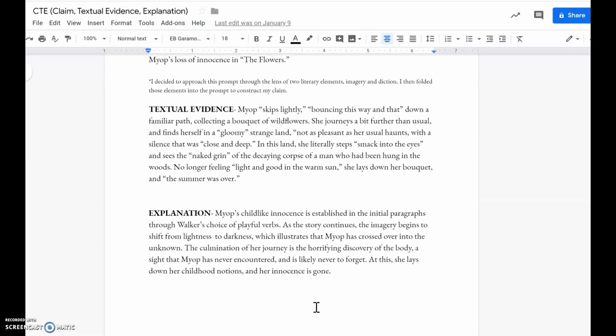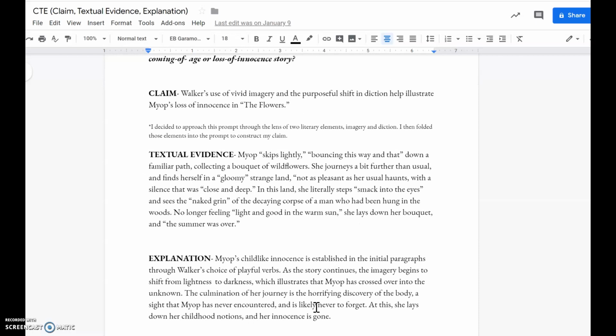So now I've got to find textual evidence. So I scanned through The Flowers, and I did a balance of quoted text as well as some paraphrasing. So Myop "skips lightly, bouncing this way and that" down a familiar path collecting a bouquet of wildflowers.